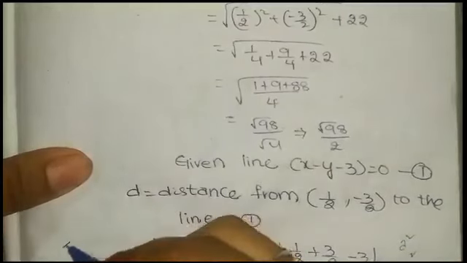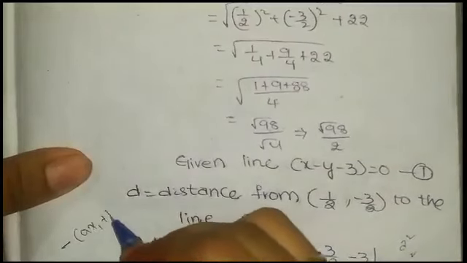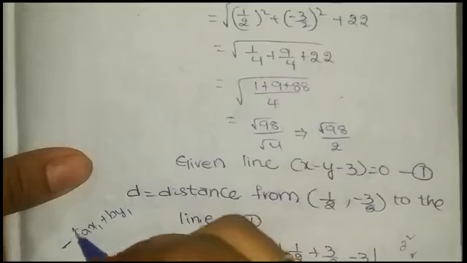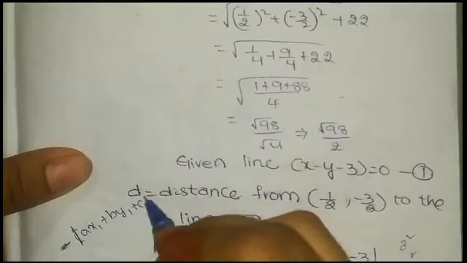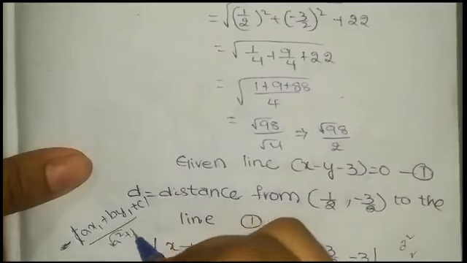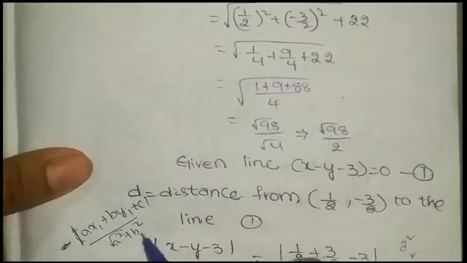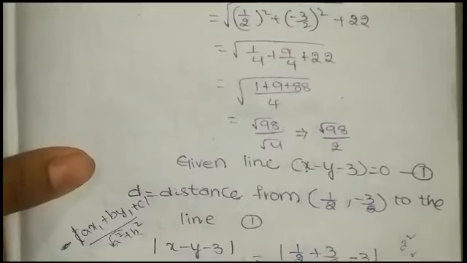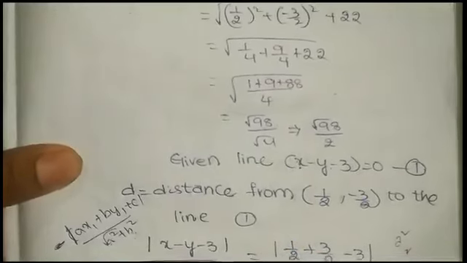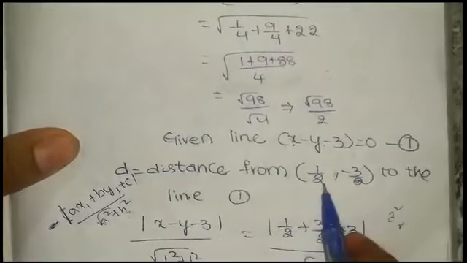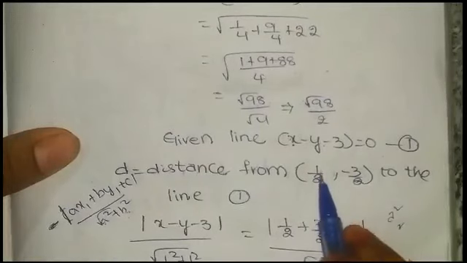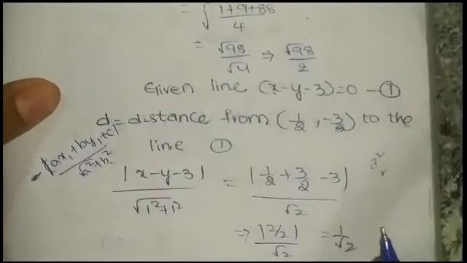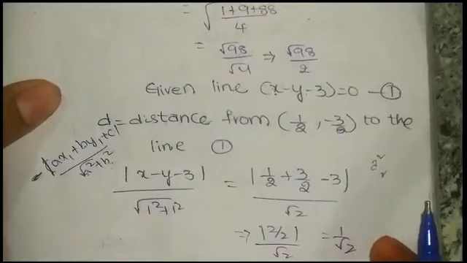The perpendicular distance formula is mod of ax1 plus by1 plus c by root over a square plus b square, where a and b are the coefficients of x and y. The coefficients are 1 and minus 1. Substitute the values, taking the center point 1 by 2 comma minus 3 by 2. So I got 1 by root 2.